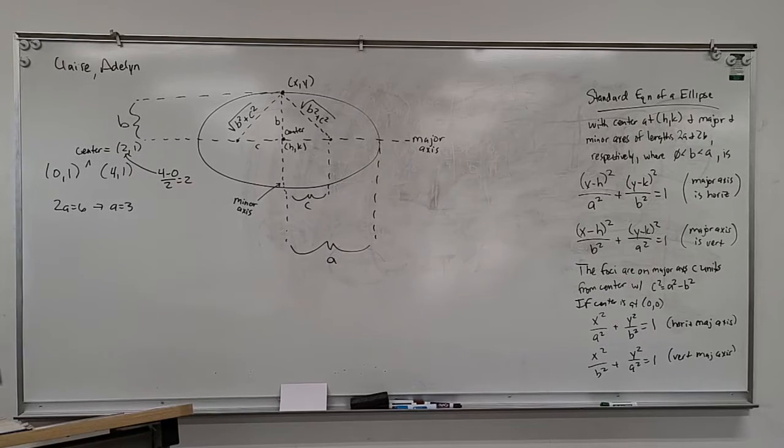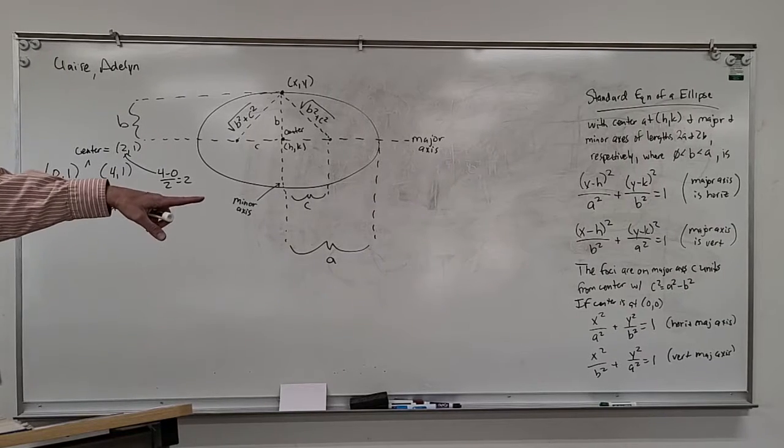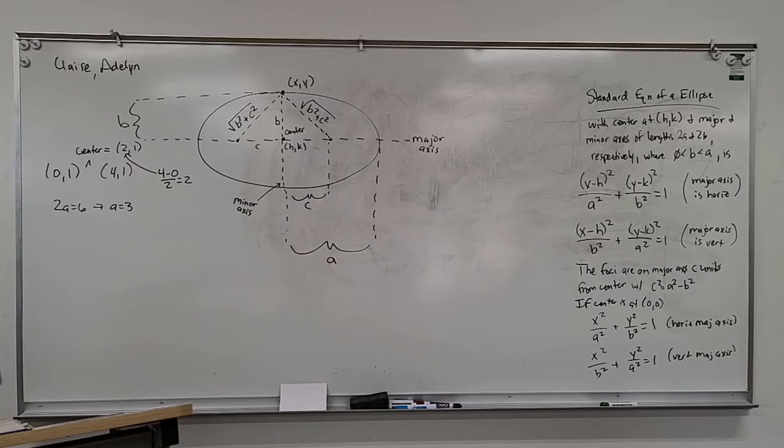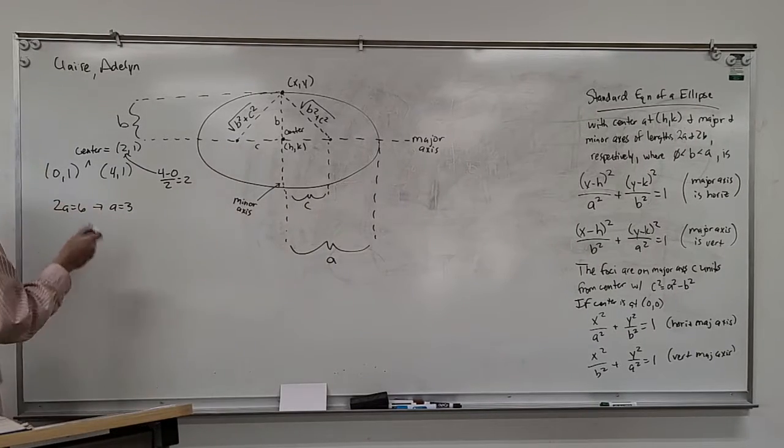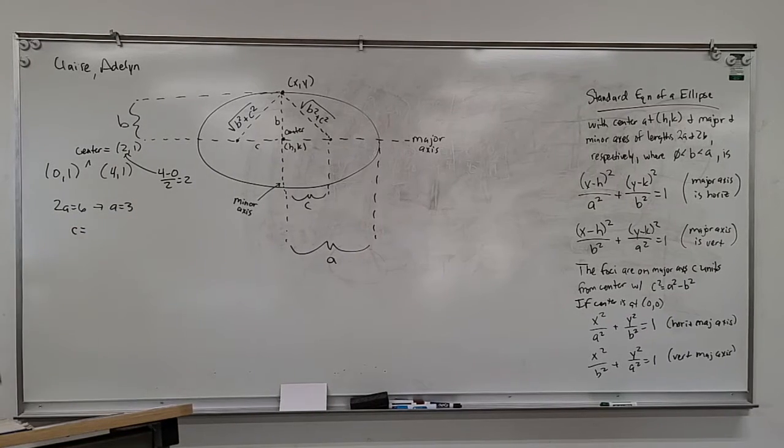So by the midpoint formula, the center of the ellipse is (2, 1), and the distance from the center to one of the foci is 2, and we know that a equals 3. We said that already. And so we have an equation over here that tells us the relationship between c and a and b, right? Remember, c is our distance here. So what is c in our particular problem? c is the distance from the foci to the center.